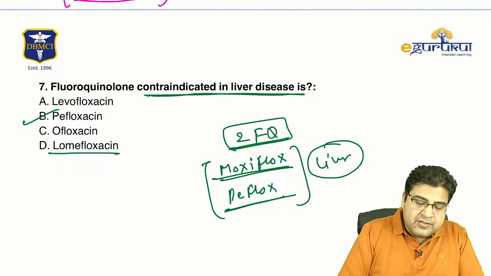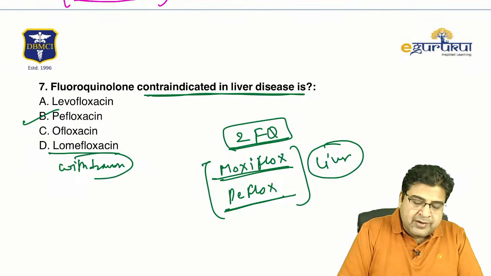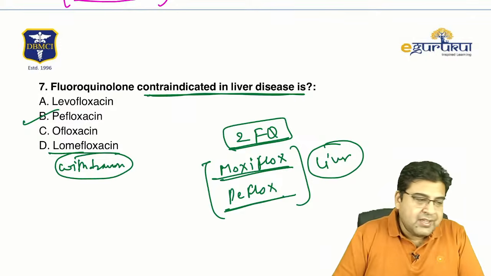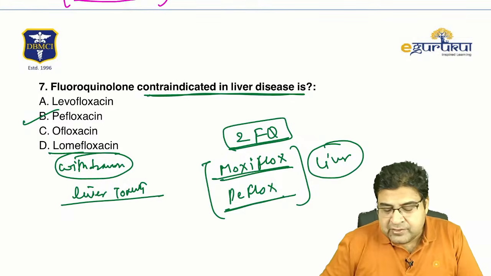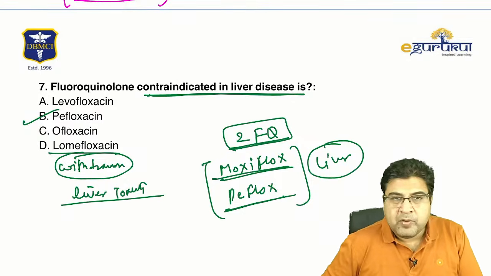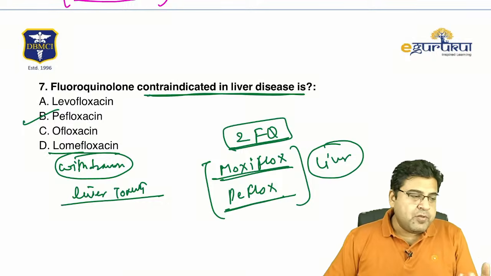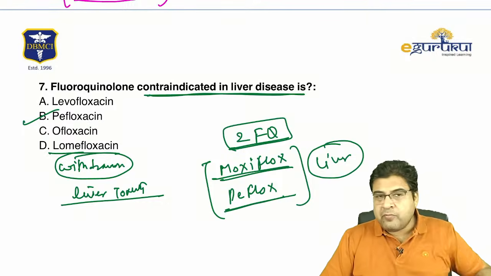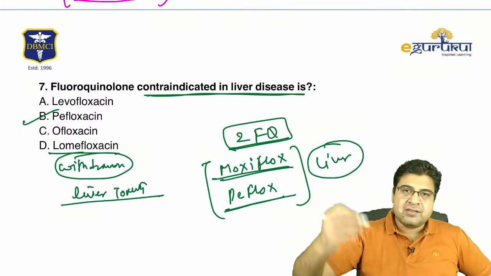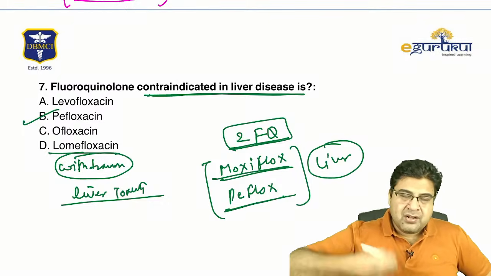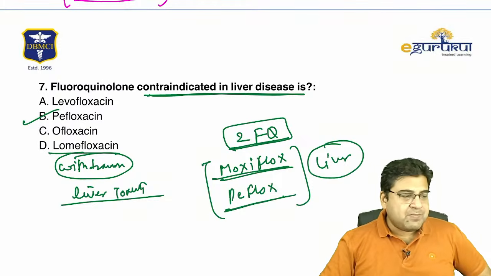Now guys, lomefloxacin was withdrawn many years back because of liver toxicity as a side effect. Do you know when this was withdrawn? This was withdrawn when you people were not born. So considering the fact that lomefloxacin is an old medicine withdrawn many years back, here the medicine that is practically useful is pefloxacin.